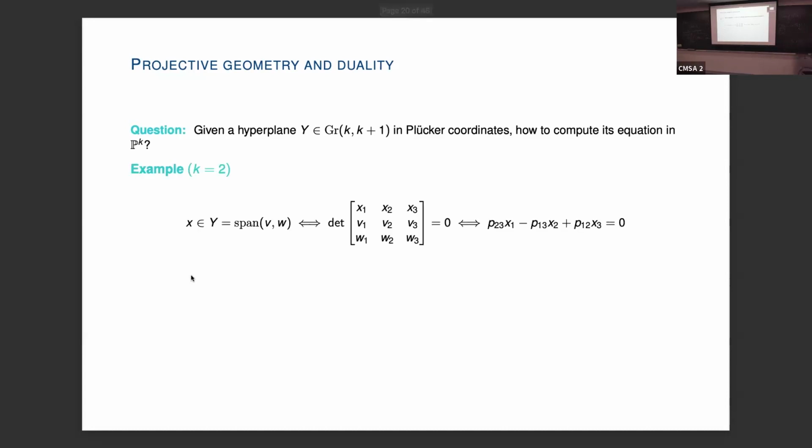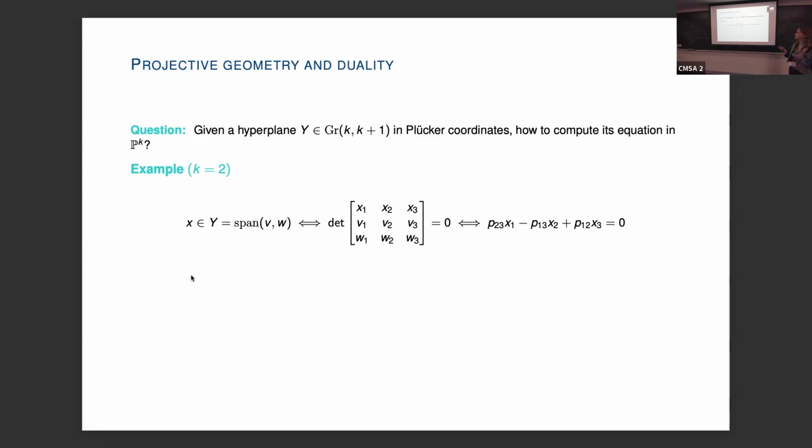I'll give you the answer for k = 2. Y is the span of 2 vectors, v and w, and a point x lies in the hyperplane Y if and only if this determinant, where we write down x and then the two vectors that span Y, vanishes. We can then expand this determinant and write down the equation of the hyperplane.